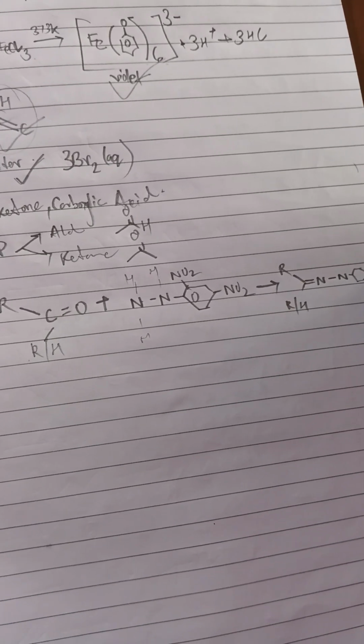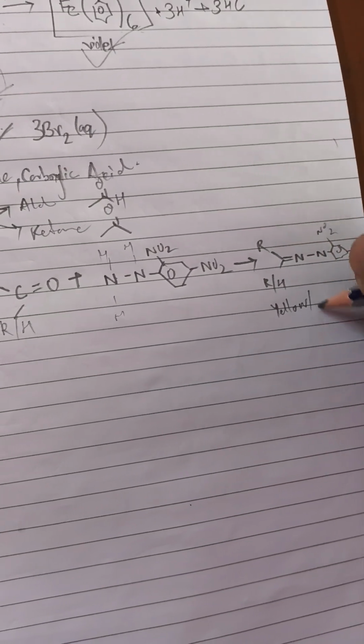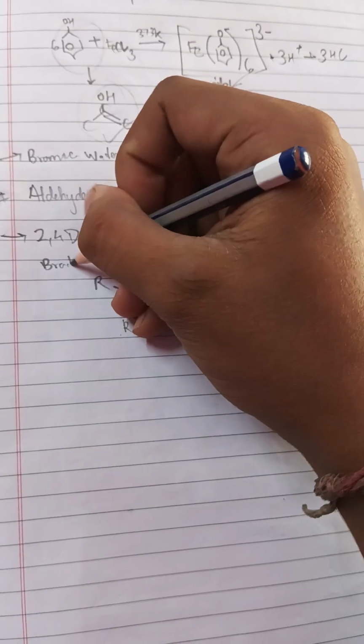Here becomes the hydrazone, the aura of this chapter. So it gives a yellow or orange precipitate. We should all remember that. What is this also known as? This is known as Brady's reagent.